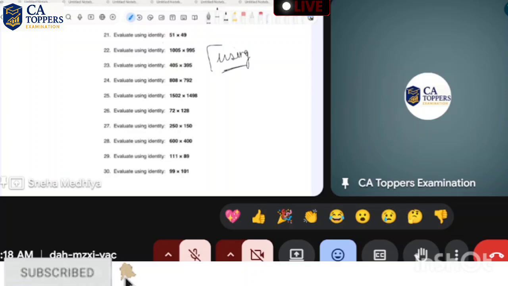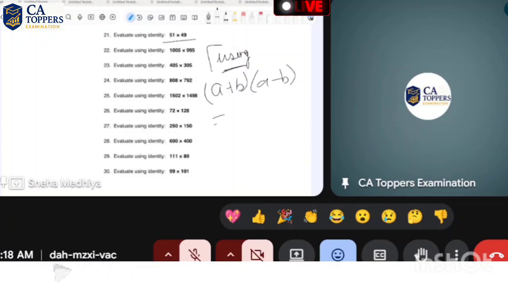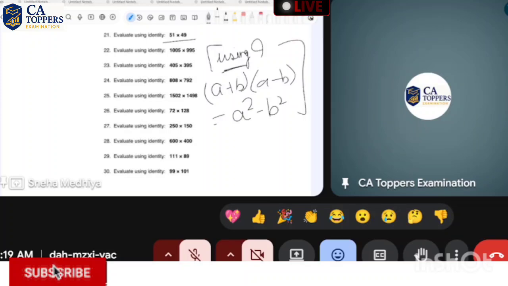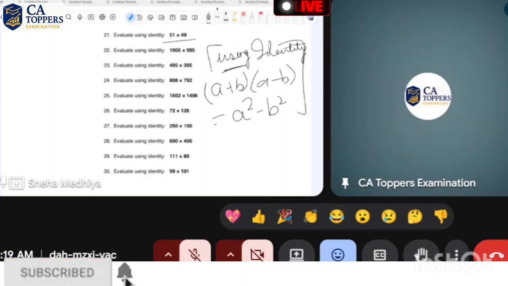If in any question I'm using any identity, I need to put the reason that I'm using this identity. That's why the answer is this. And the teachers will not remove the marks, right, ma'am? No, not at all. Just mention the identity you're using and follow the questions stepwise. That's it.